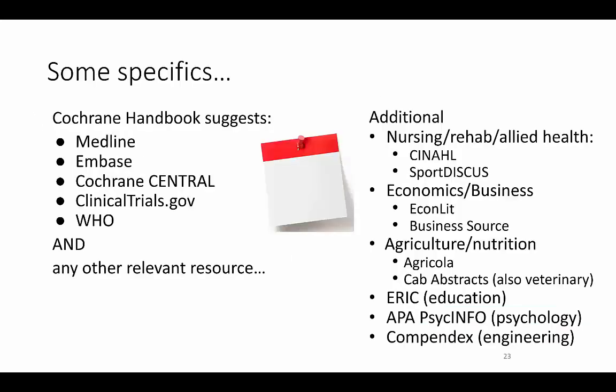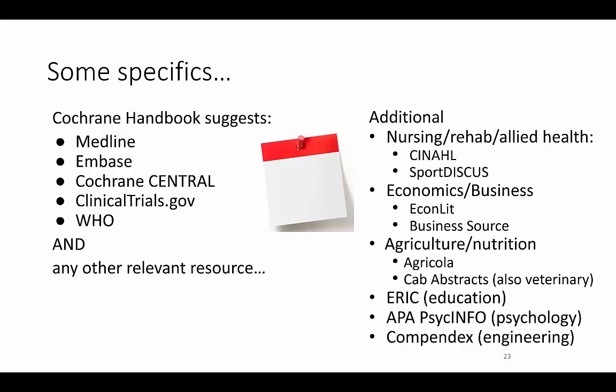A few specifics: the Cochrane Handbook suggests Medline, Embase, Central, clinicaltrials.gov, and the WHO clinical trials database, and then it says any other relevant resource. One thing I like to have when I meet with clients is a little list, thinking about whether this is getting into one of these other topics. For example, we have our InMed program, which combines engineering and medical school together, and so I've been searching Compendex much more than ever before.